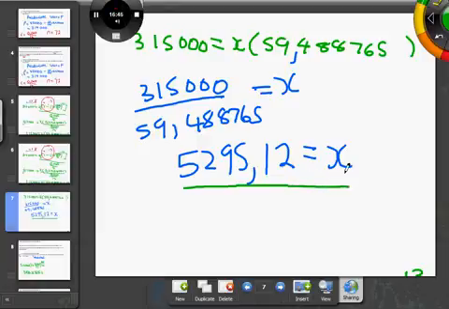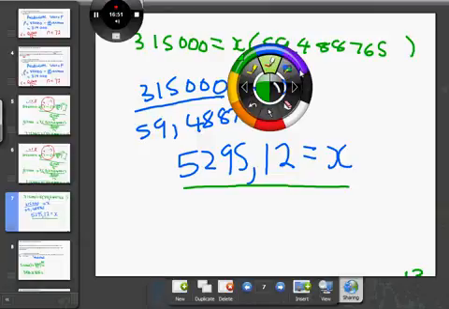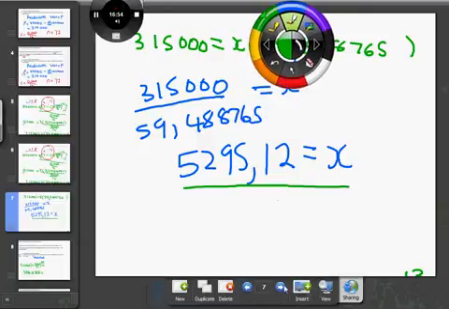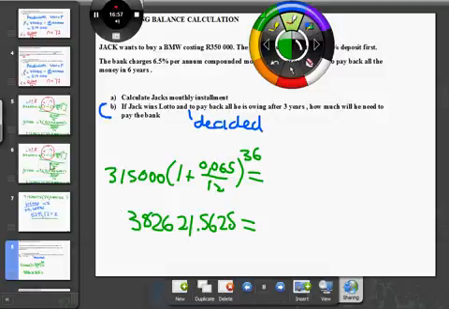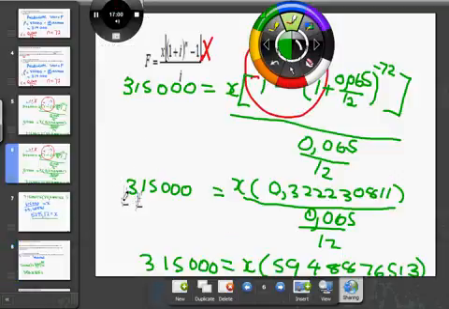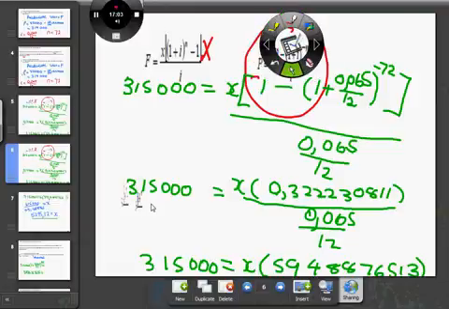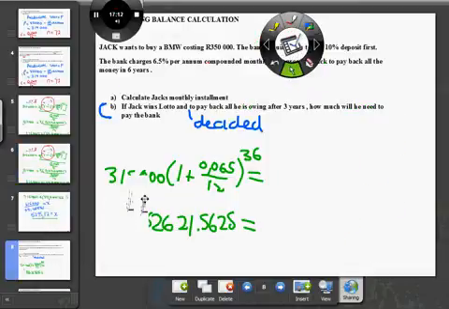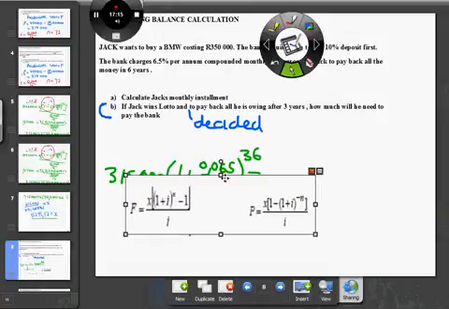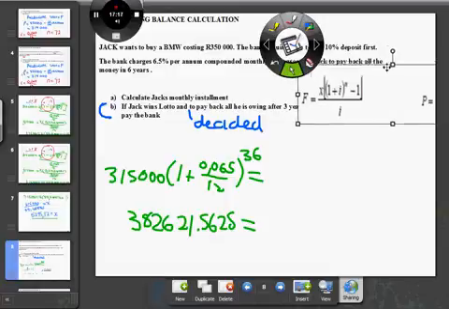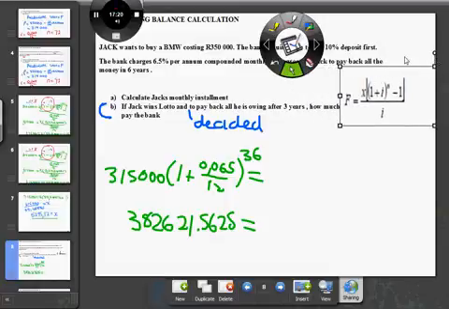Now, each installment that he was making was obviously earning interest. So in order for us to cater for that, we need to use the future value formula. Of the 2 formulas that we had, now we are using the F formula, because the F formula calculates how much he deposited and its interest.